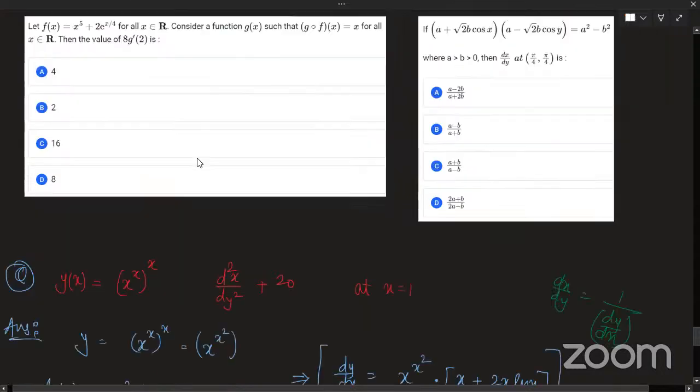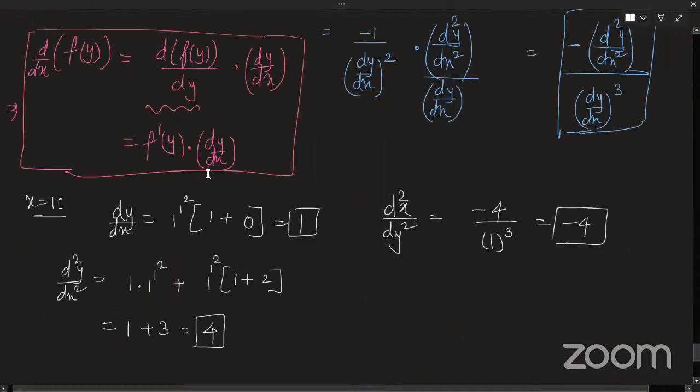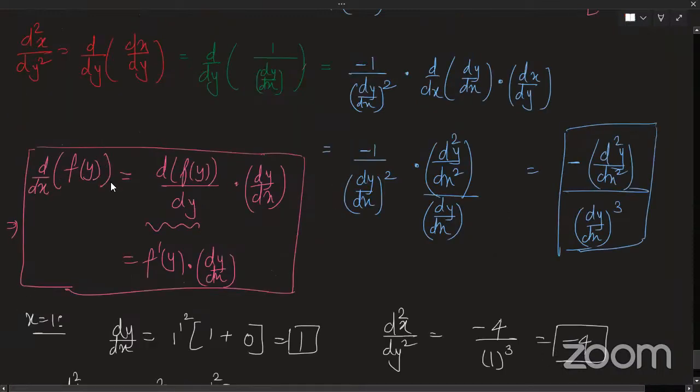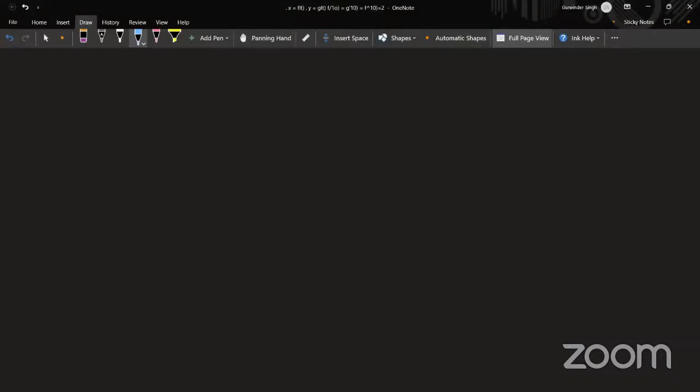So like this was the only question. What happens is you just need to keep this in mind, this thing that I've drawn over here. If you have a function with respect to a variable that you are not differentiating, for example, you have a function in terms of y that it is asking you to differentiate in terms of x, so what you do is you divide it by dy and multiply it by dy by dx. The same can happen in the other case also. For example, it is asking you to differentiate a function that is in terms of x with respect to y.